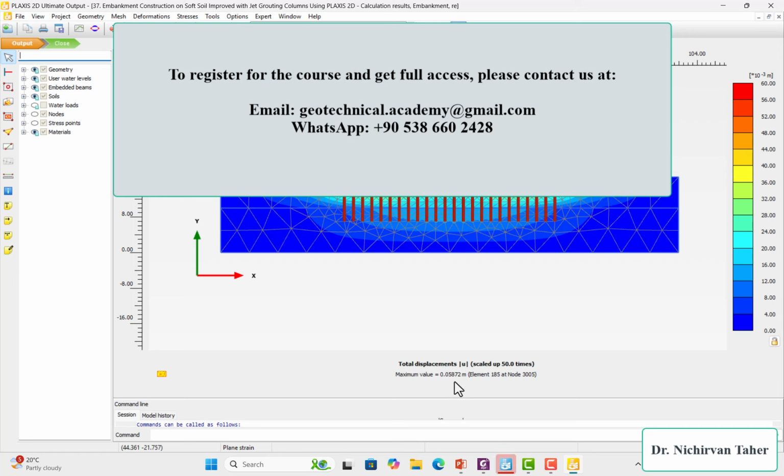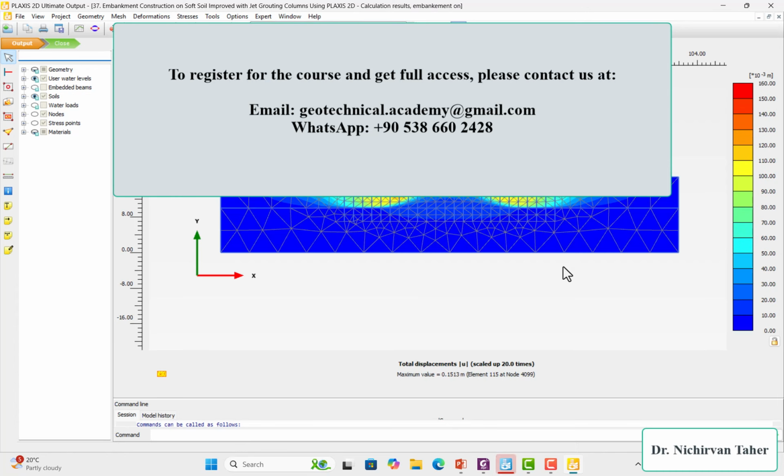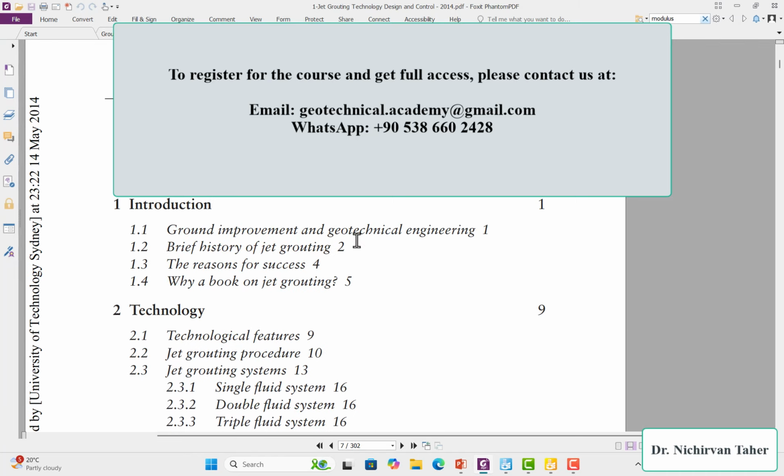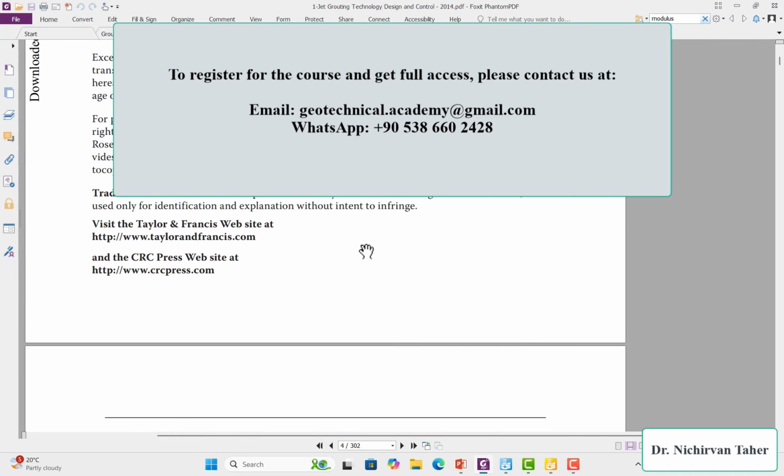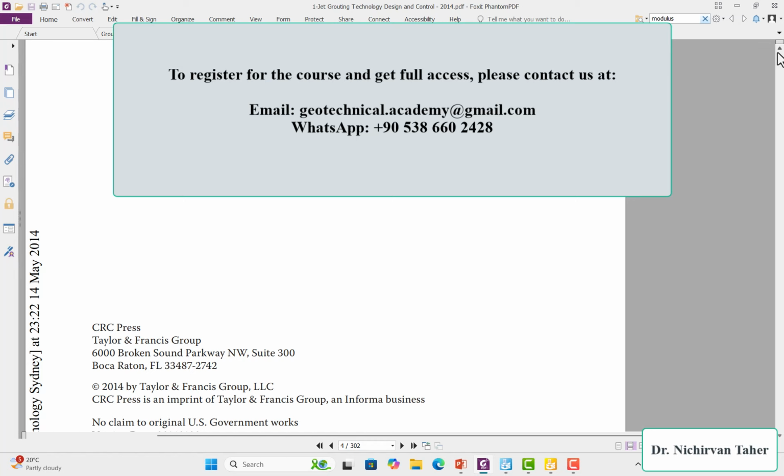It is only about 5.8 centimeters, while for unreinforced soil, the total displacement is about 15 centimeters. Also, I want to suggest this textbook for designing jet grouting.